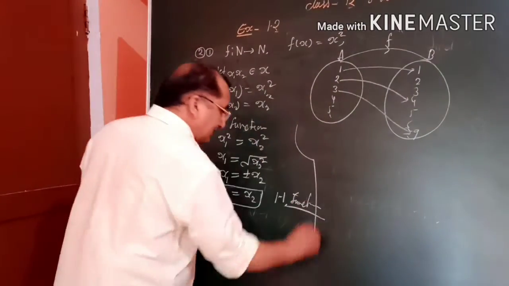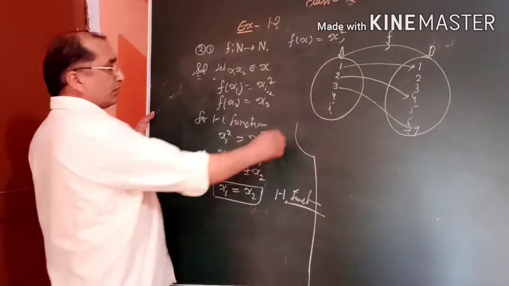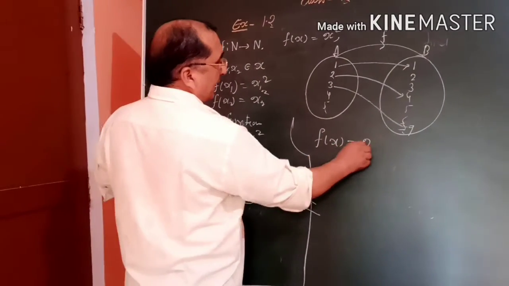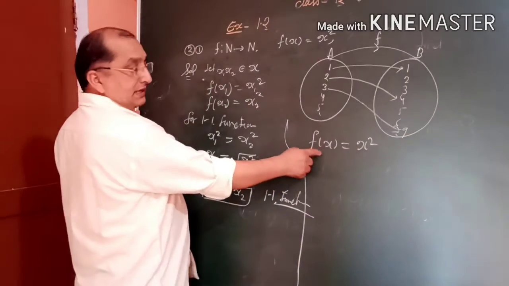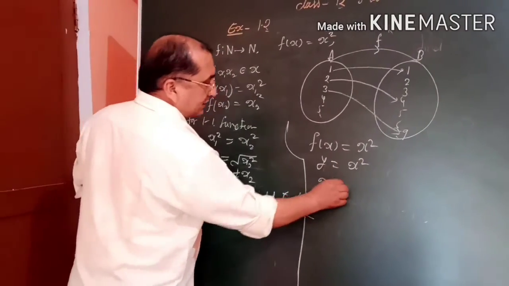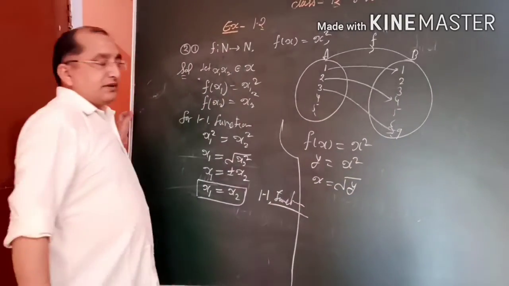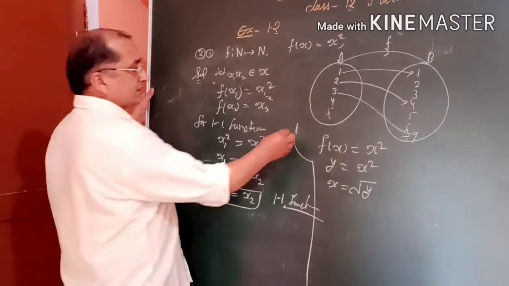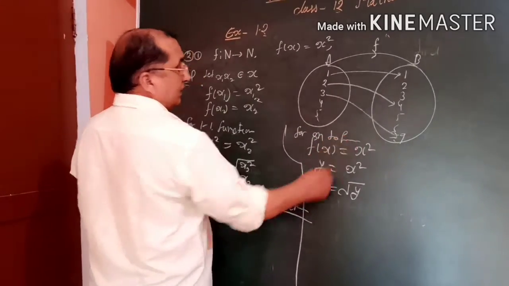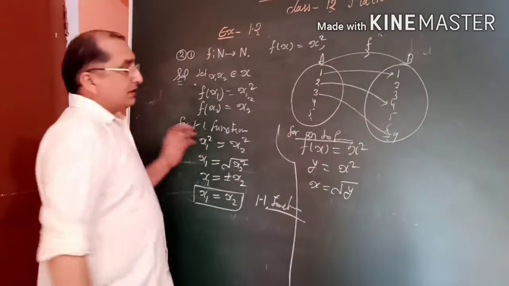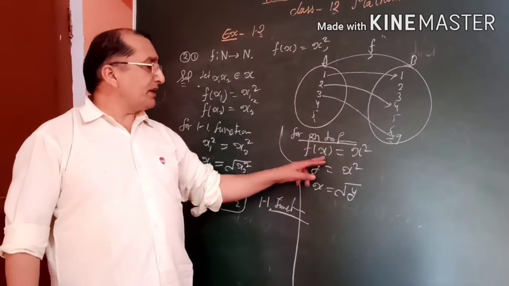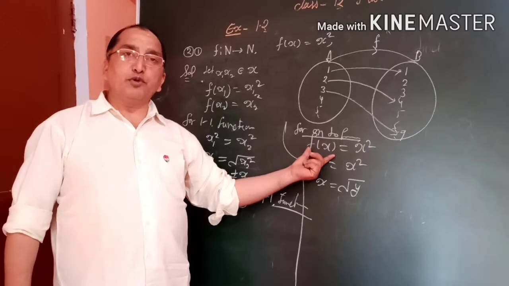Now we have to check whether this is onto or not. To know onto function, f of x is defined by x square, and we know that f of x equals y equals x square, hence x equals root y. First of all, for the surjective function, for onto function, we have to write the question in such a way: f of x equals x square, and we know that f of x equals y.